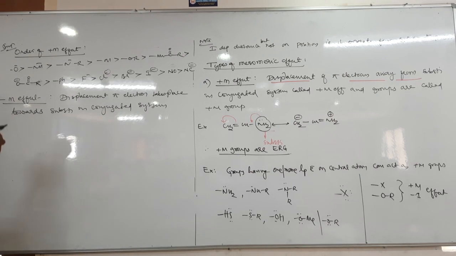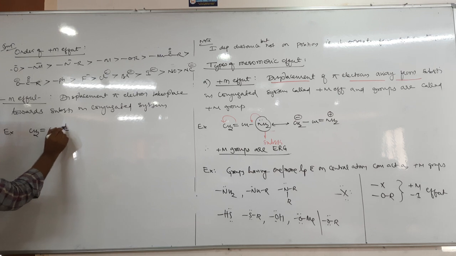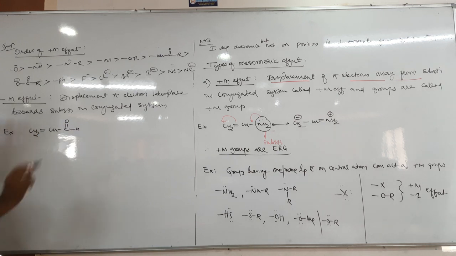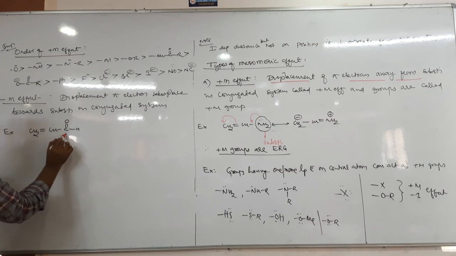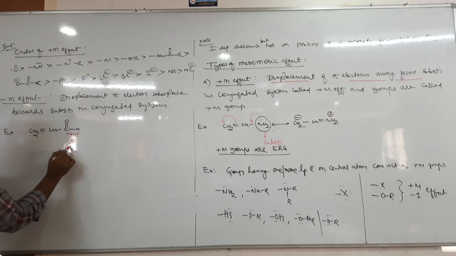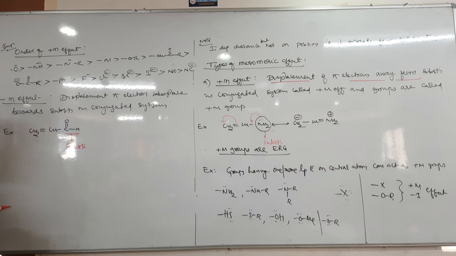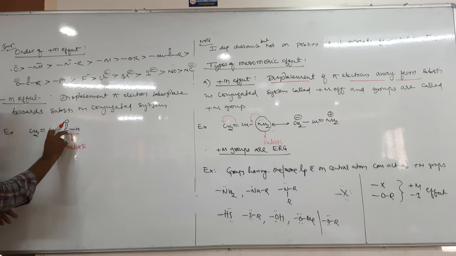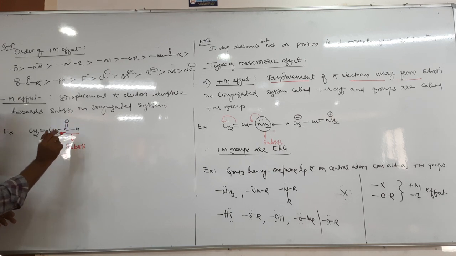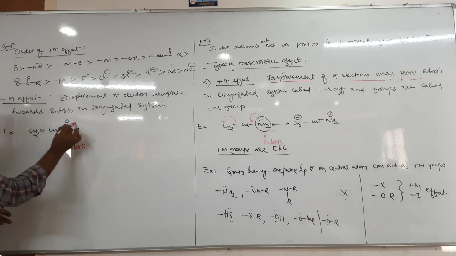Okay, then an example. Let us take CH2=CH and I'll take here the aldehyde group. Now this aldehyde group is a substituent. In this substituent there is a carbon-oxygen double bond. Among carbon and oxygen, whose electronegativity is more? Oxygen.